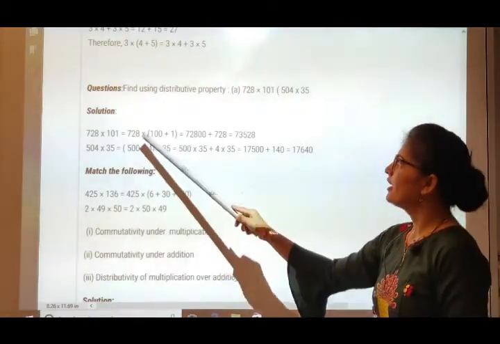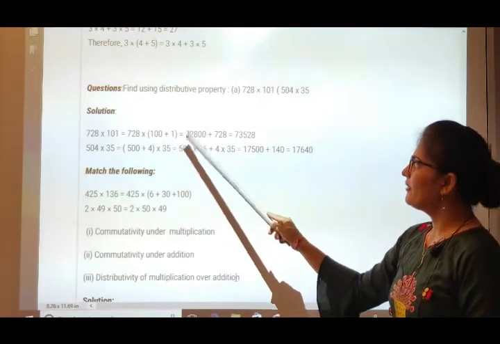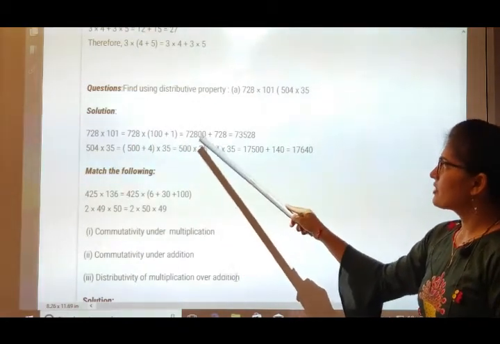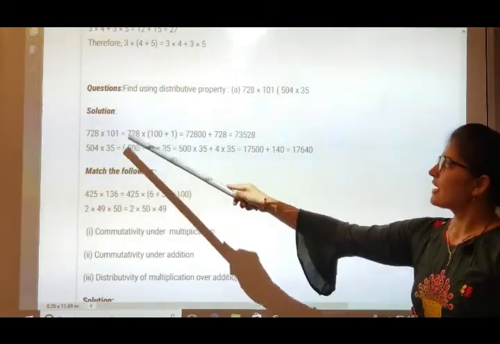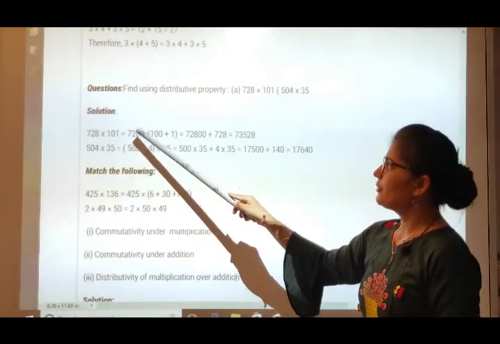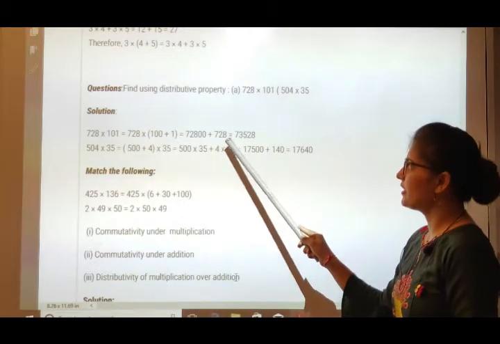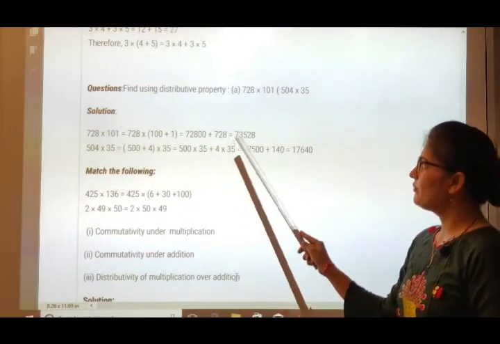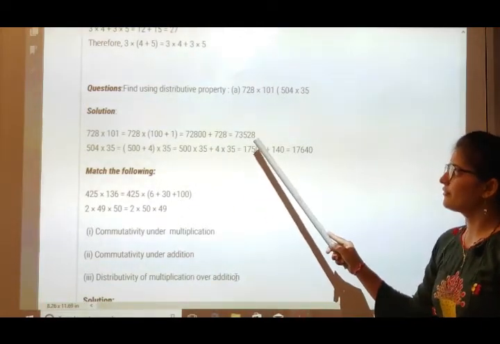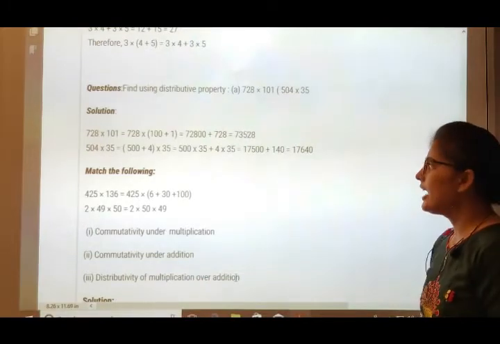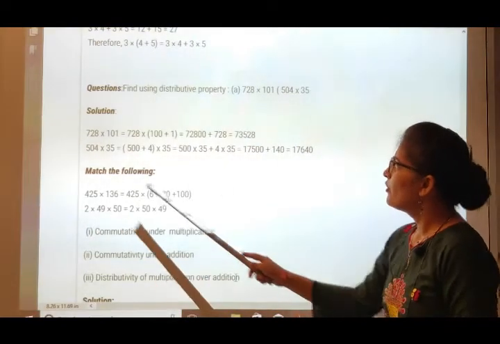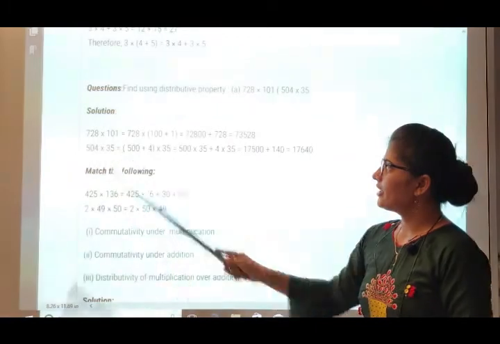So what we are getting: 728 multiplied by 100 will be 72,800 plus 728 multiplied by 1, then 728 only. So the same is written, 728. Now adding both the numbers we will get 73,528 as the answer.